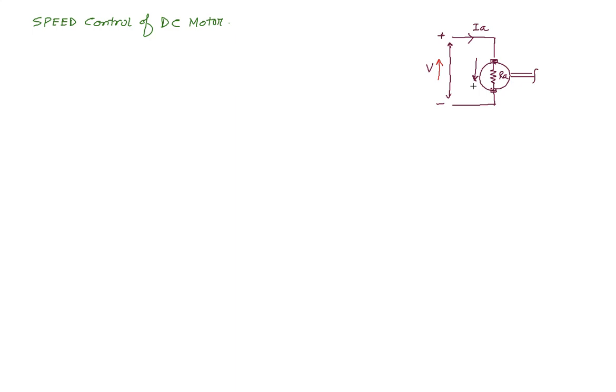And I have already discussed in the class how in a transformer the EMF is induced in the opposite direction: E is equal to minus N d phi by dt. From that relation we can relate it.